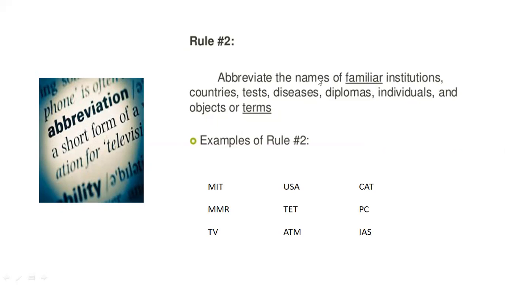The examples are MIT, an institution, then USA is a country, CAT is a test, then MMR, then TET is an example, PC, then TV, ATM, IAS.